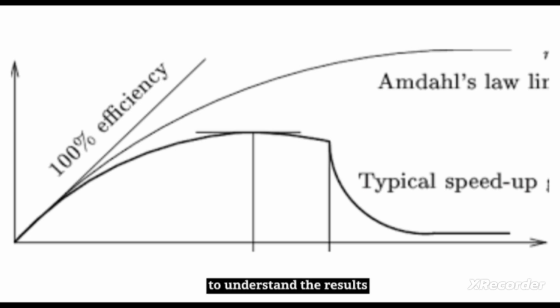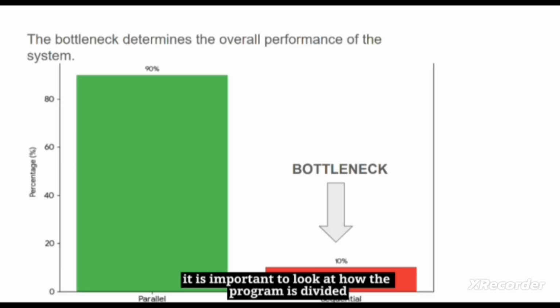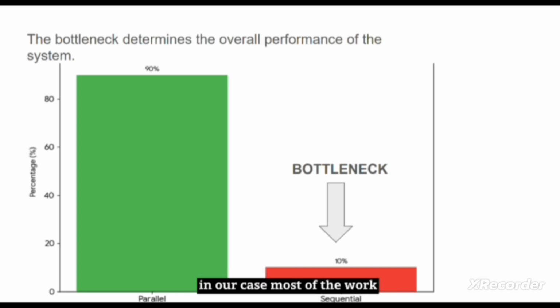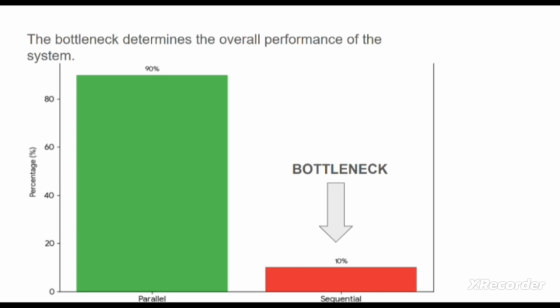To understand the results, it is important to look at how the program is divided. In our case, most of the work, about 90%, can be distributed among processors and executed at the same time. This allows the system to perform several operations simultaneously, which improves overall performance.